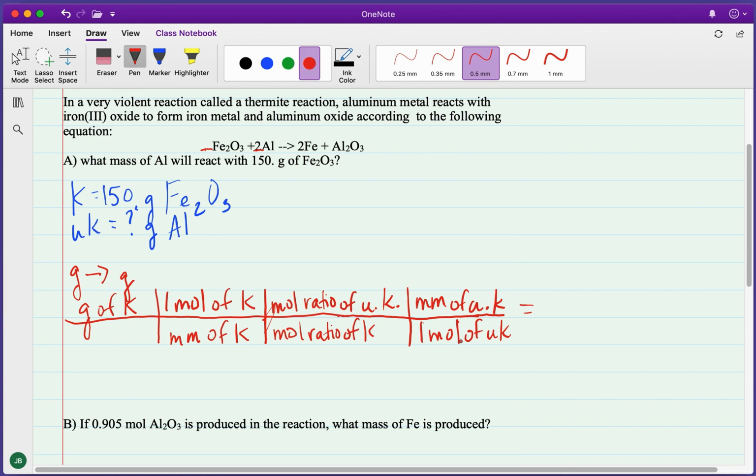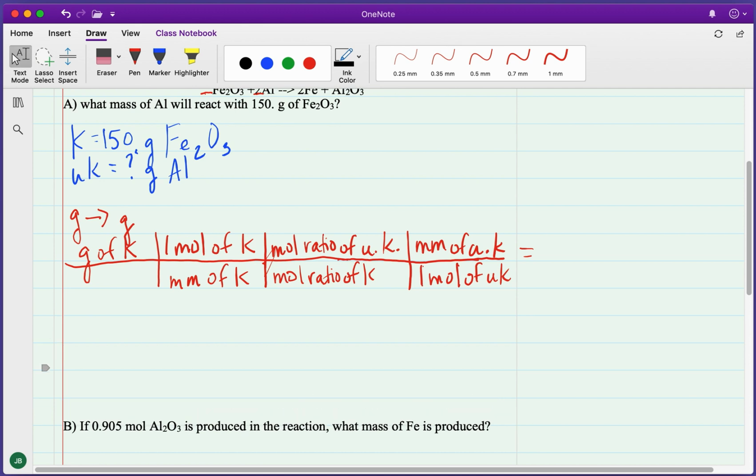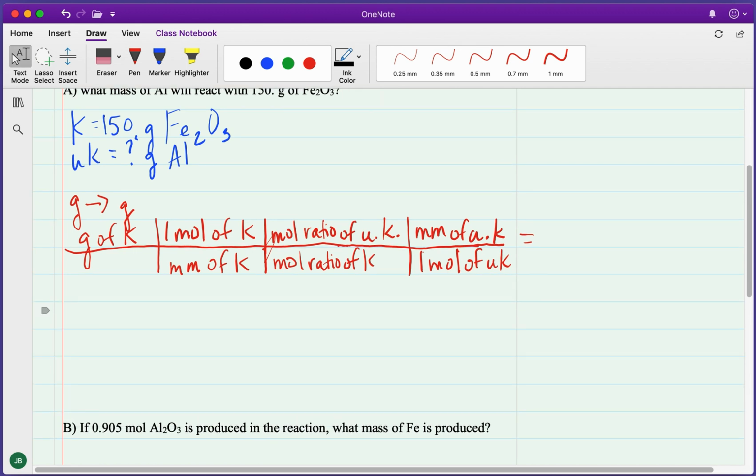So this is your map that you would use anytime that you're doing a mass-to-mass problem. So if we go ahead and put in a little bit more space, we can go ahead and solve for this problem.